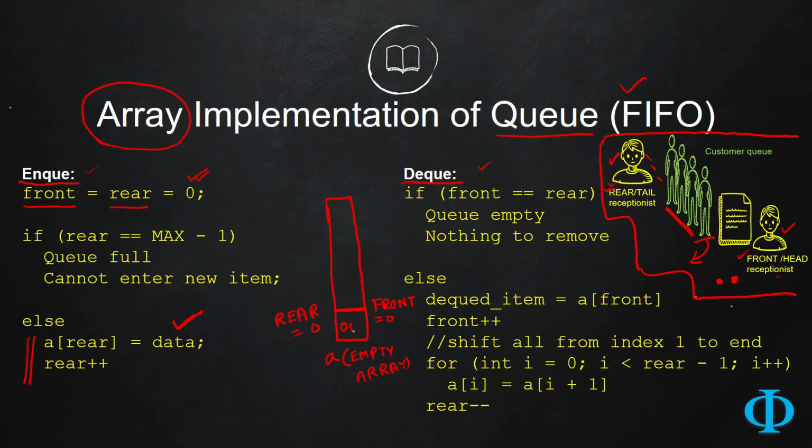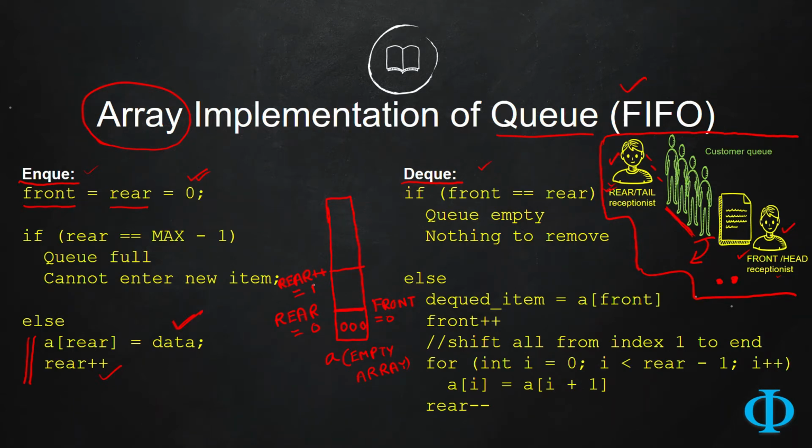So I am inserting 000 in this empty array. And then I am incrementing this rear variable like this. From rear equals 0, rear will be incremented, and now its value becomes 1, like in here. So that's how the first element has been enqueued in the queue.